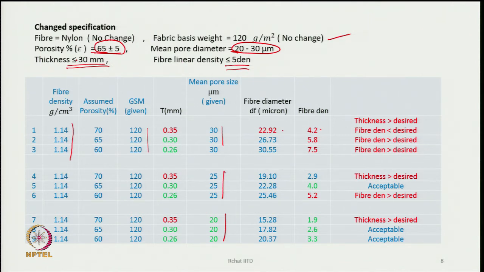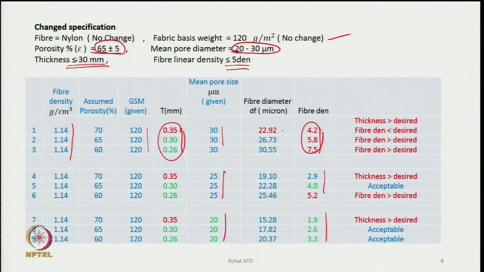So, we have created 9 sets of combinations, and we are calculating two things: one is the thickness, and the other is the denier.